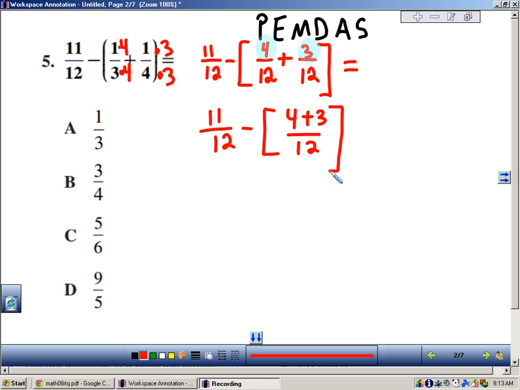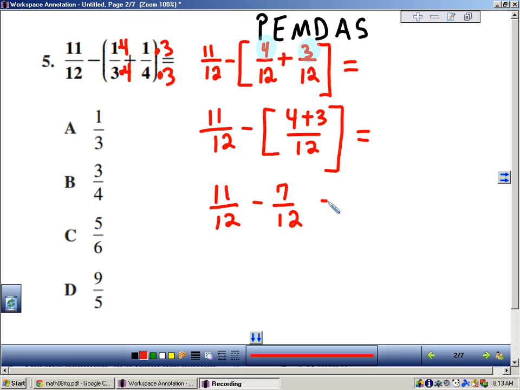And that's the idea behind finding the common denominator, is that your individual denominators merge together to form one fraction with a denominator of 12. 4 plus 3 is 7. So now we have 11 over 12 minus 7/12.